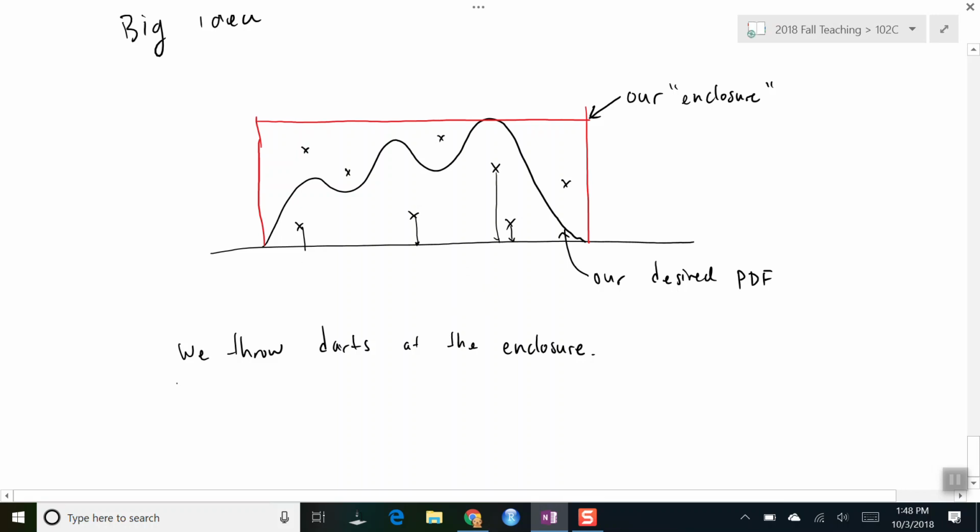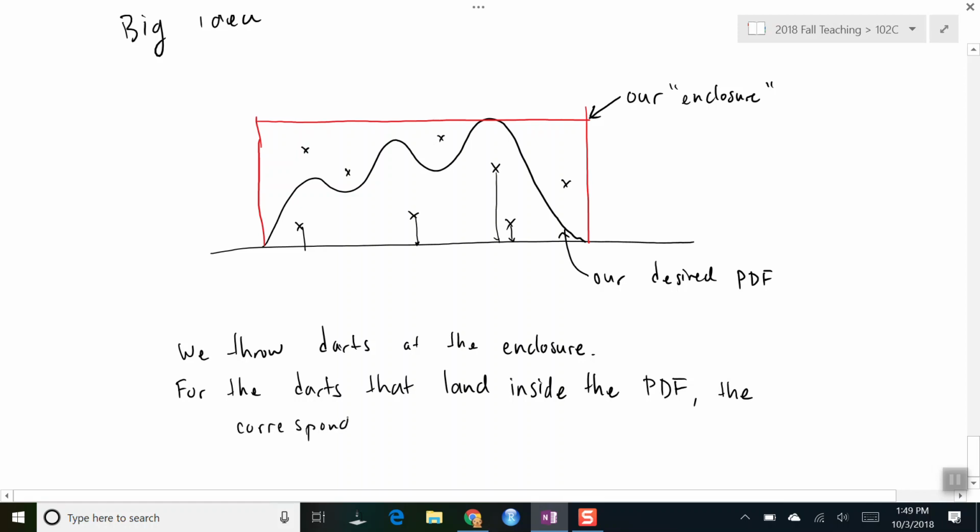And the darts that land inside the PDF, those values are kept. Okay, the corresponding X values are kept. And then the other values are just thrown away.